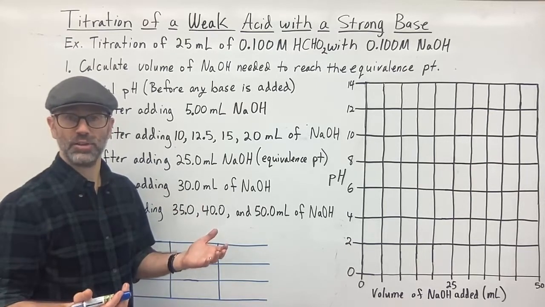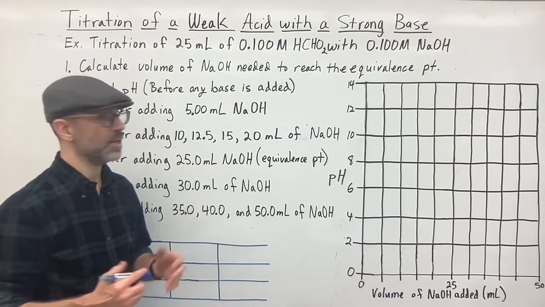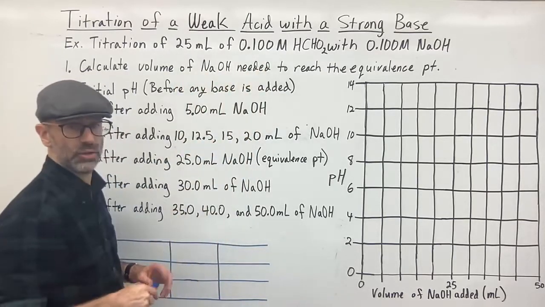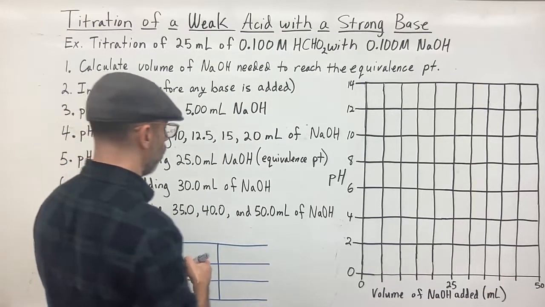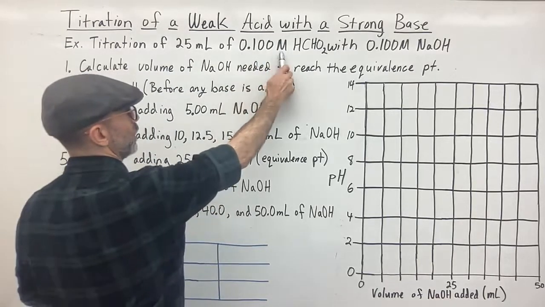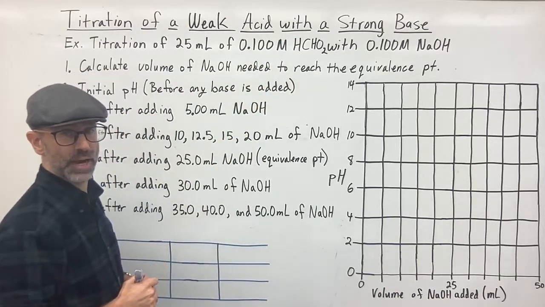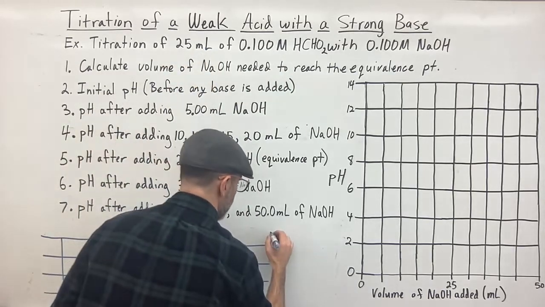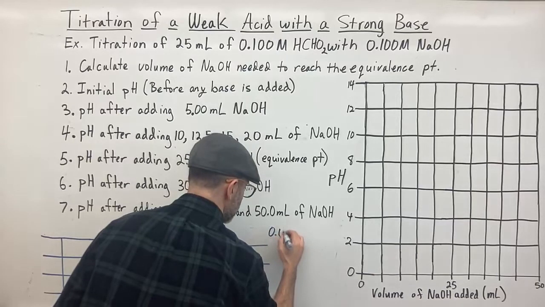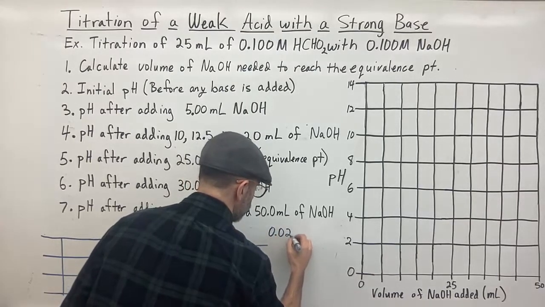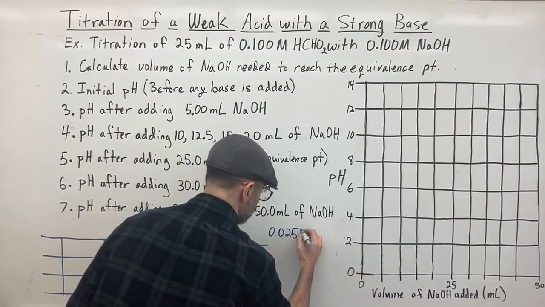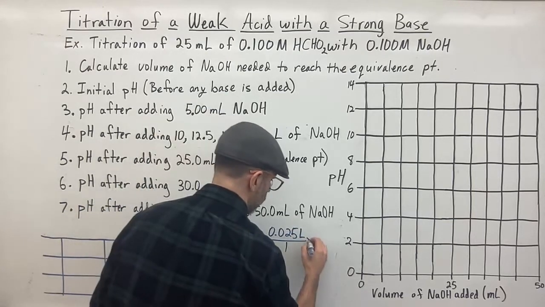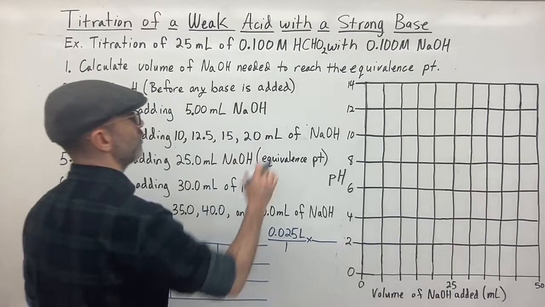So we need to figure out the number of moles of the acid. We're going to take the volume and the molarity, and we're going to use that to find the moles. Since we have the molarity, we're going to use that as a conversion factor. So we're going to convert this to liters. We have 0.025 liters, and we're going to put that over 1, and we're going to use the molarity as a conversion factor.